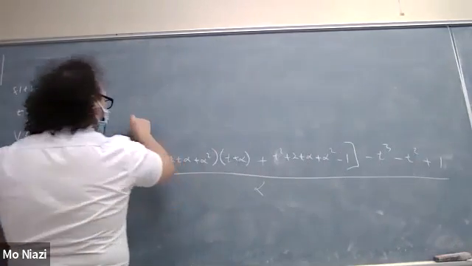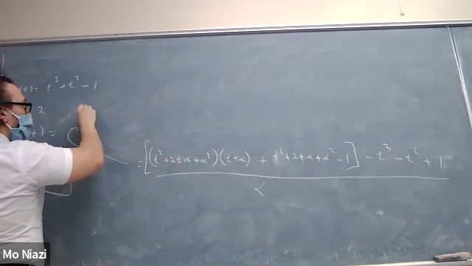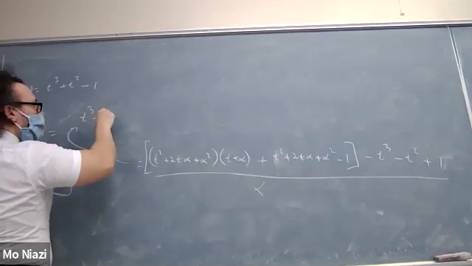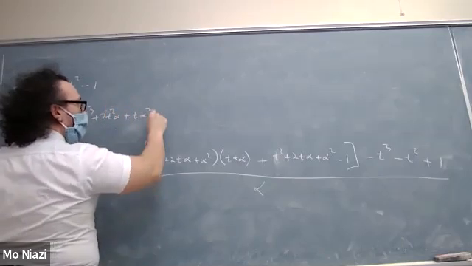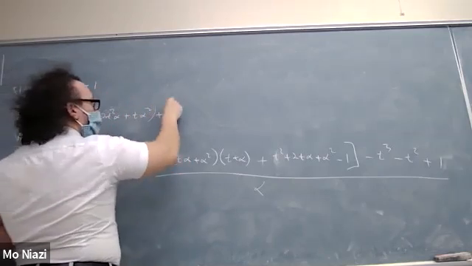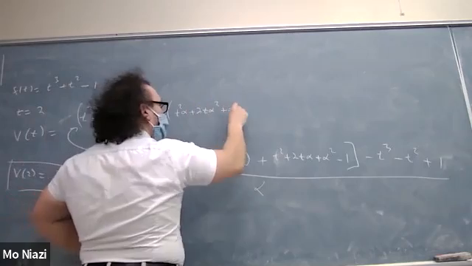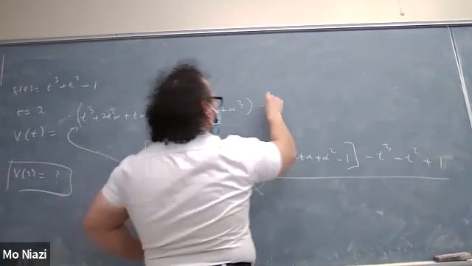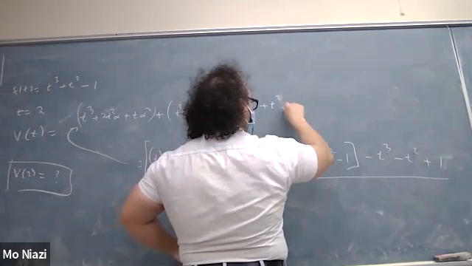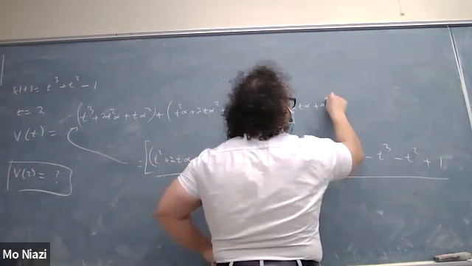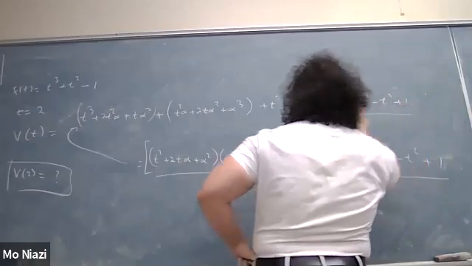So then this becomes t cubed plus 2t squared alpha plus t alpha squared plus t squared alpha plus 2t alpha squared plus alpha cubed, plus your t squared plus 2t alpha plus alpha squared minus 1 minus t cubed minus t squared plus 1, everything over alpha.